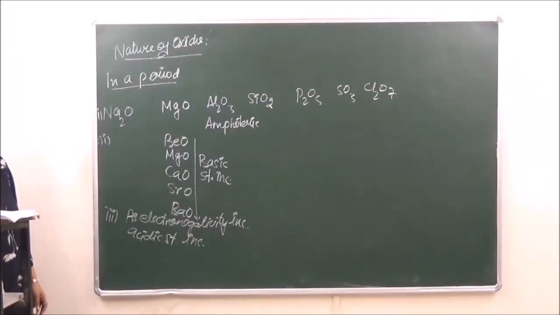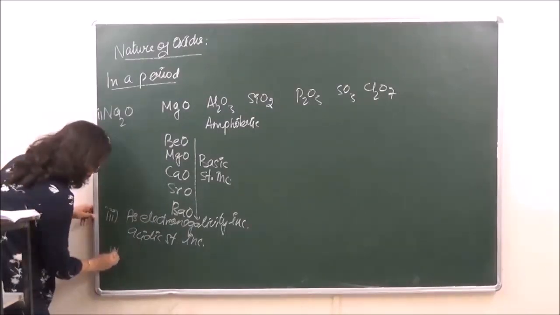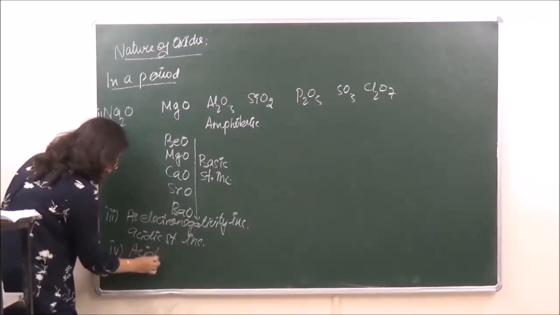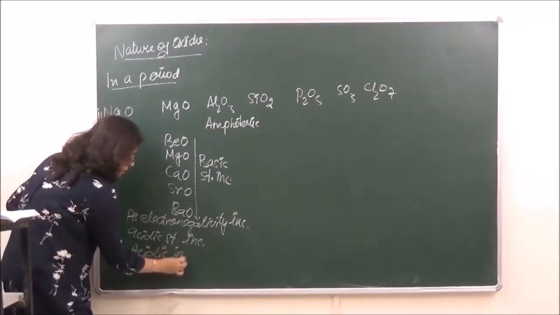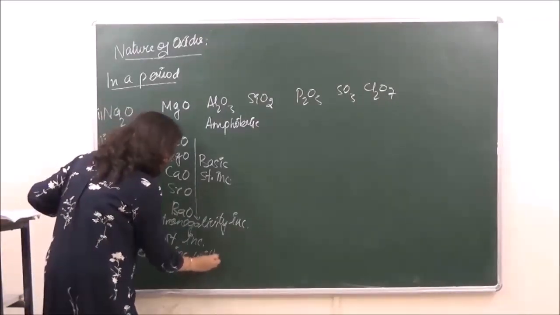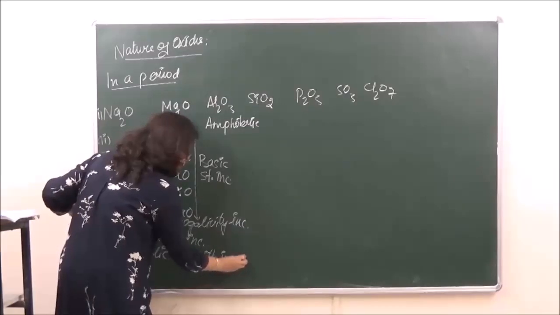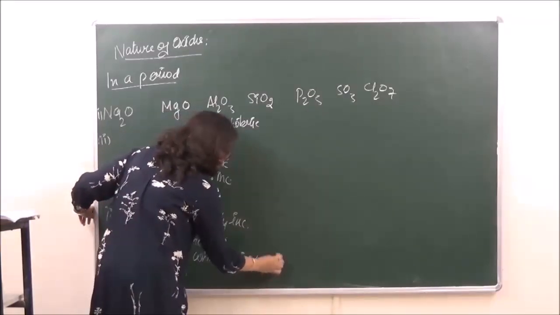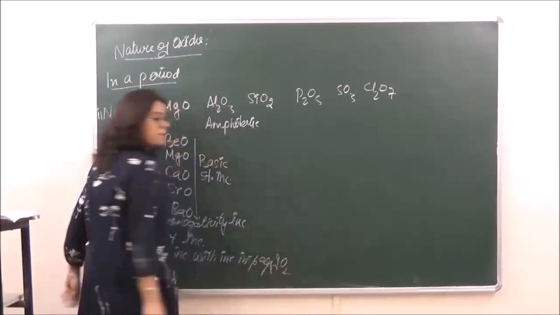Right? And when there is a number of oxides an element is making, then the acidic character increases with increase in percentage of oxygen, right?